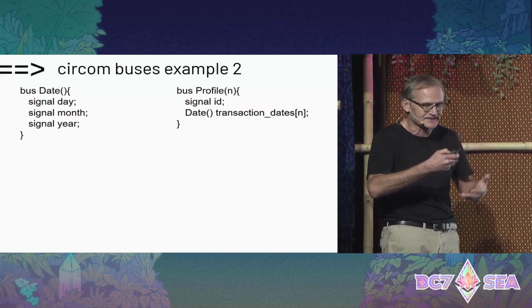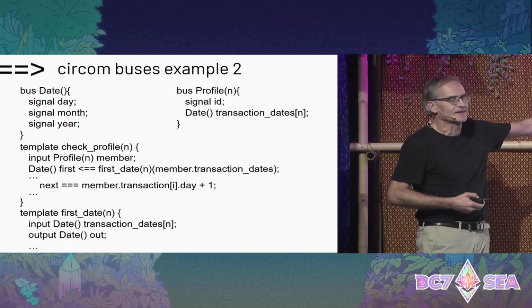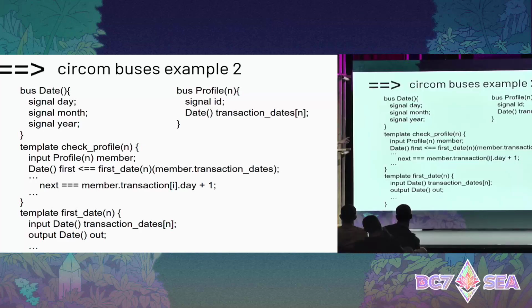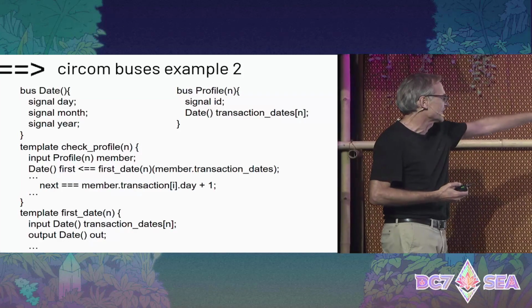And this is just to make things fit well, because you see here I define a template with a parameter, and this parameter is used when defining a bus. Okay, so then I have this n for the template, and this n is again used to define the bus that I'm using as input.